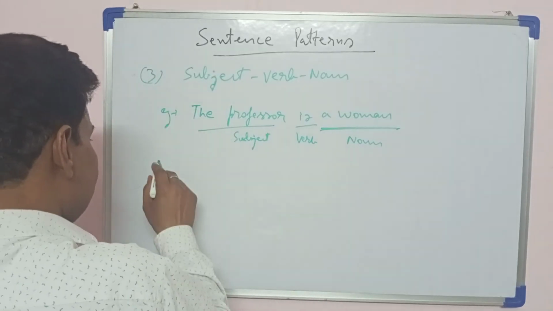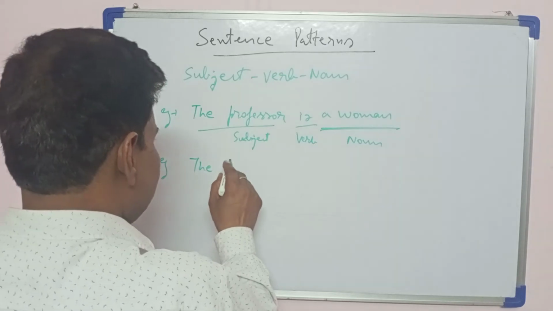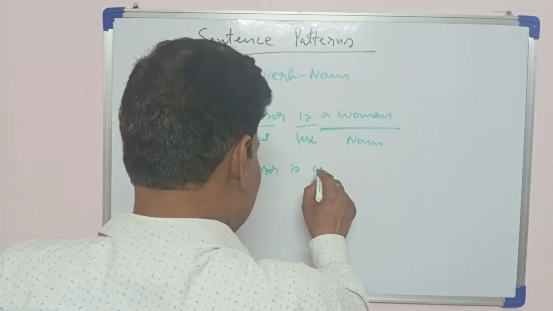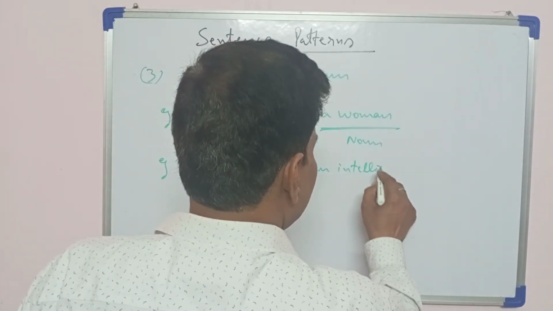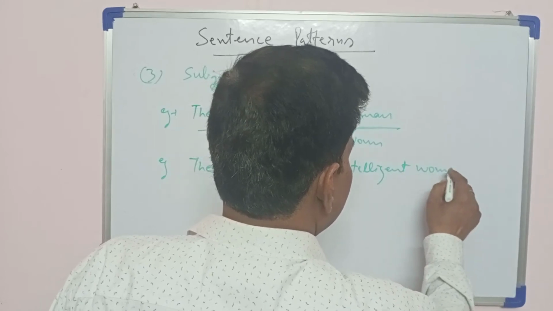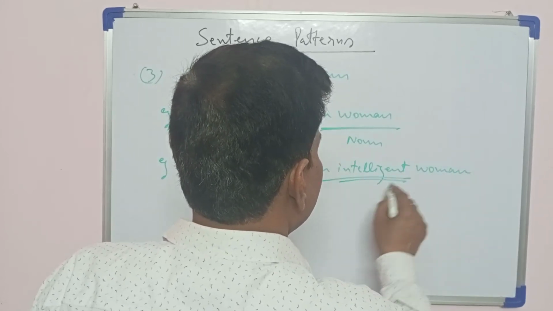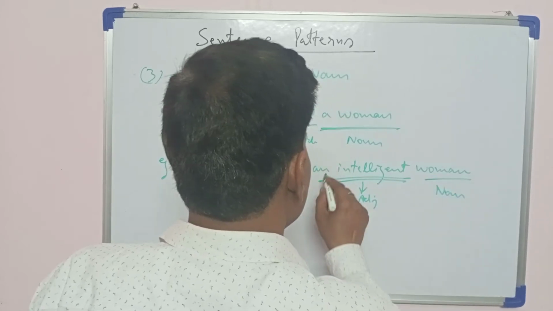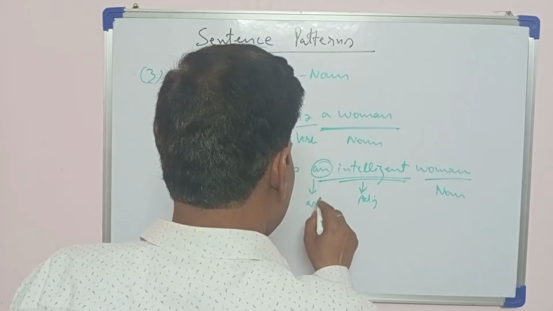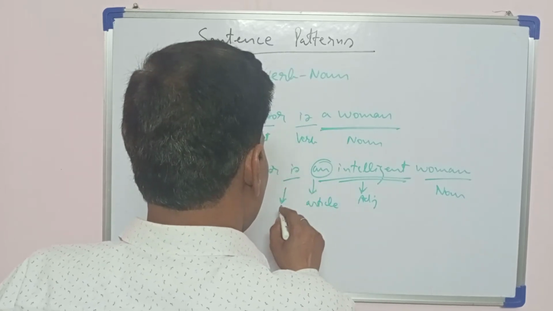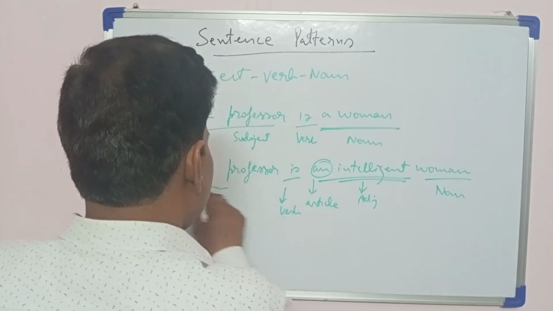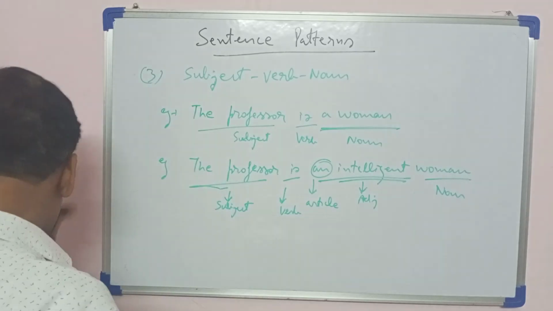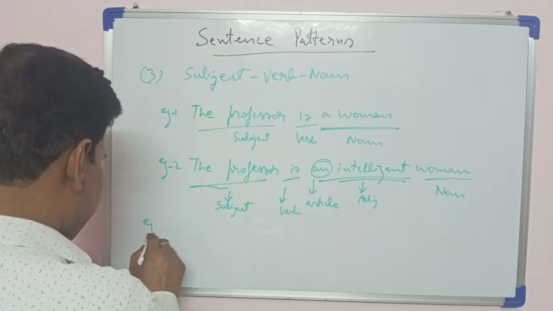You can expand it in this way. The professor is an intelligent woman. So here we are using adjective. This is noun. An is an article. Is verb. And professor, this is a subject. You can further expand it in this way.